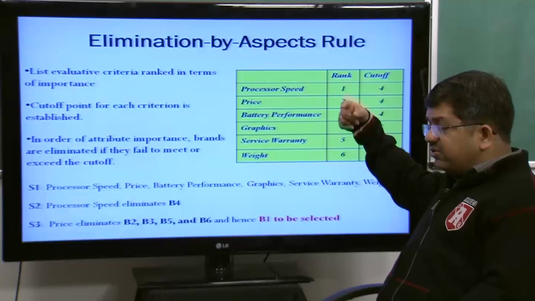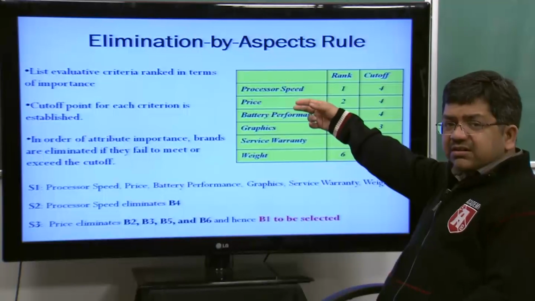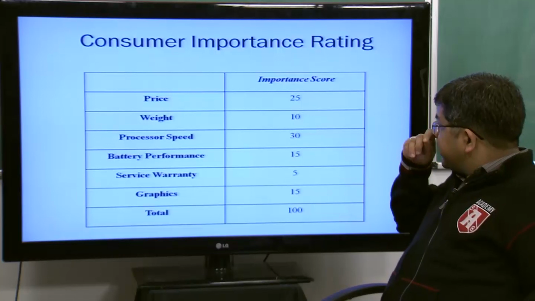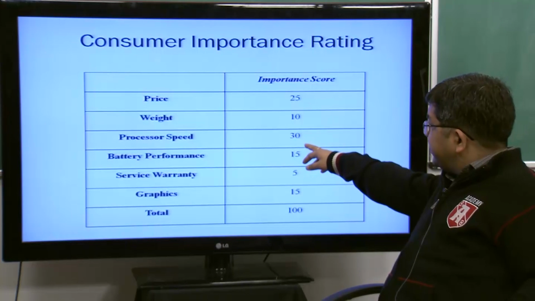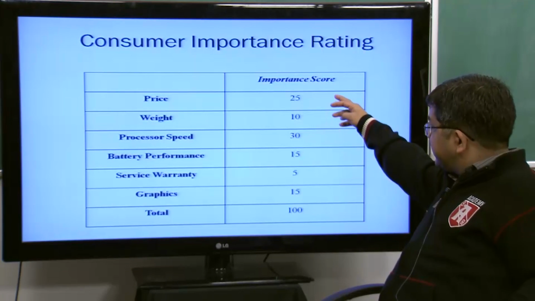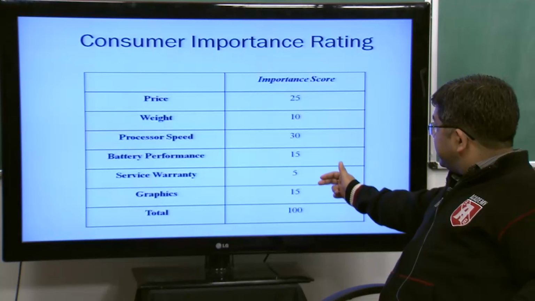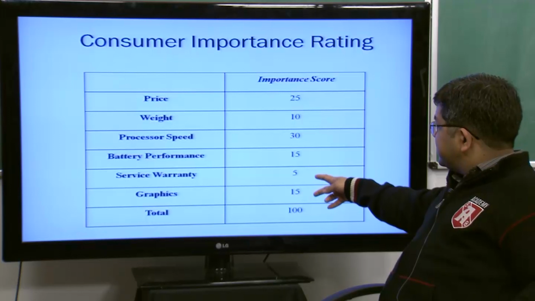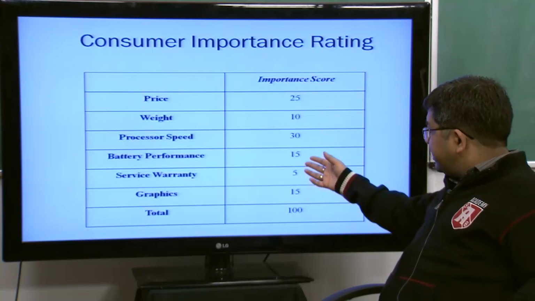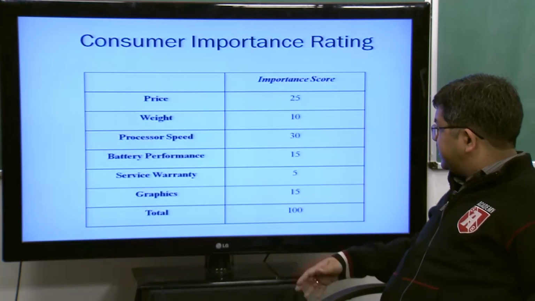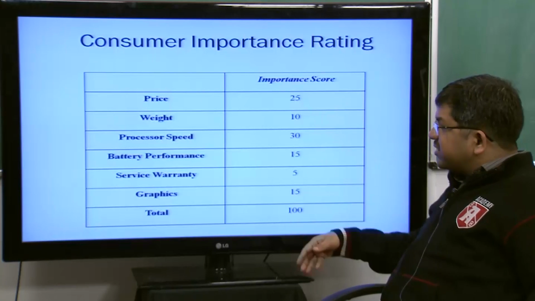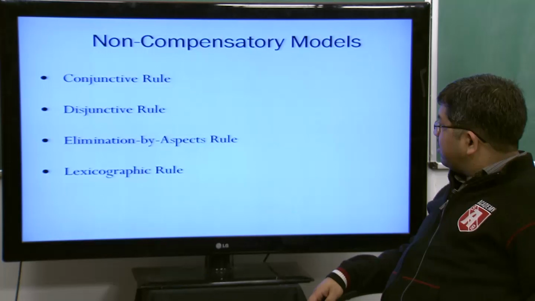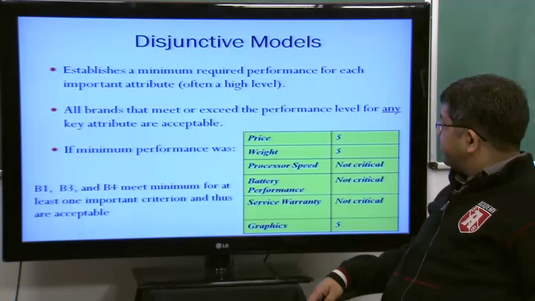If I take you back to the slide where I have given the importance rating, you can see the most important criterion was processor speed, the second was price, and then for the third and fourth, in this case there is a tie, so you can take any of these. I might have taken battery performance and then graphics, and then weight and the service warranty. This is the order of importance of the different attributes.